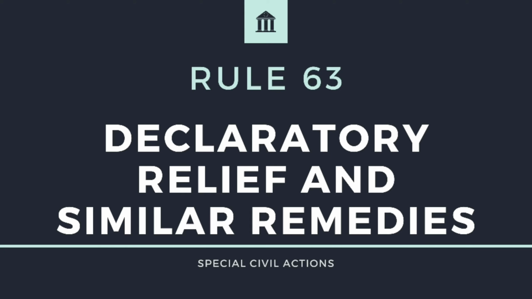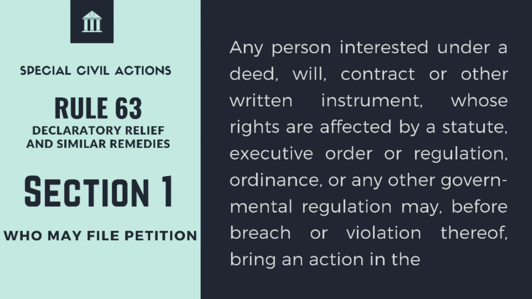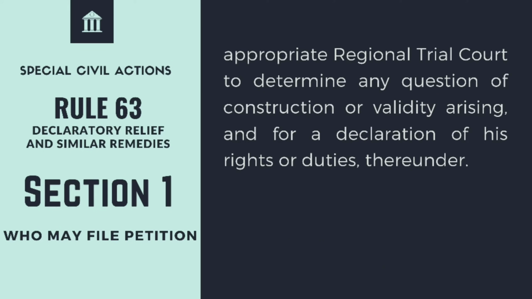Rule 63. Declaratory relief and similar remedies. Section 1. Who may file petition? Any person interested under a deed, will, contract or other written instrument, whose rights are affected by a statute, executive order or regulation, ordinance, or any other governmental regulation may, before breach or violation thereof, bring an action in the appropriate regional trial court, to determine any question of construction or validity arising, and for a declaration of his rights or duties thereunder.